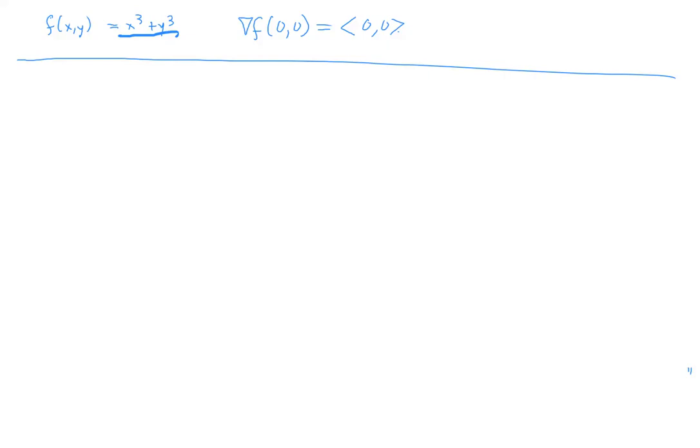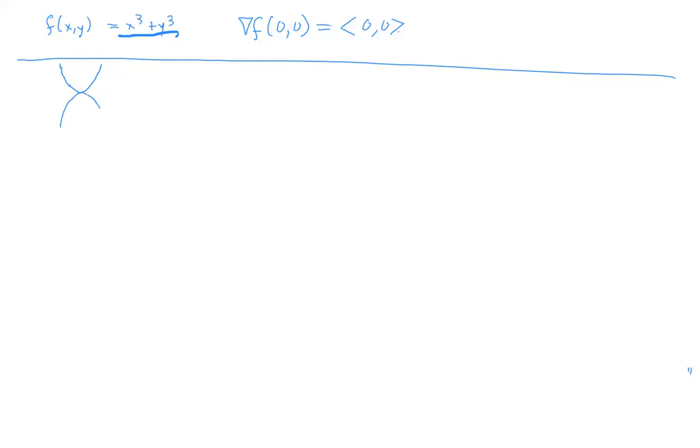Basically, what will happen in general is you will be able to find one direction. Actually, what I'm going to say here is not true for this particular function, but this is a way that this can work. So you can find one direction, and that's why I'm drawing only a curve here, along which the function has a minimum, and another direction along which the function has a maximum.